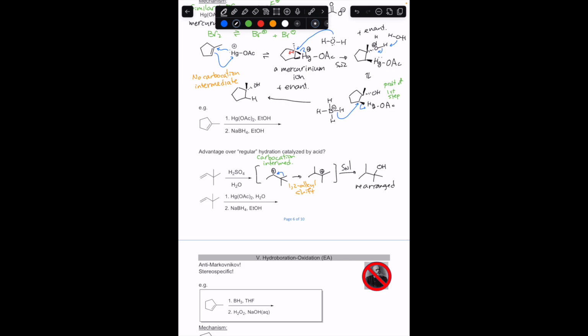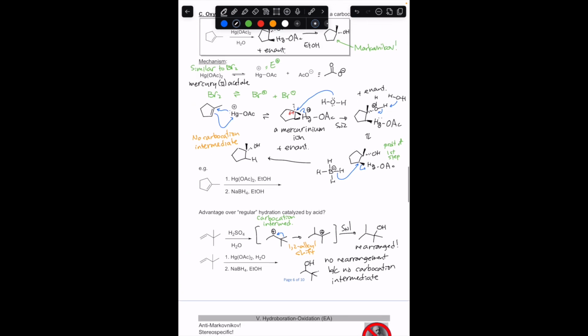Now, if that's what you want, that's great, but if you don't want rearrangement and just want to hydrate this alkene without any rearrangement of the skeleton to, say, in this case, obtain this product, then what you need to do is the oxymercuration reaction. So that would be the difference between just acid catalyzed hydration and this reaction sequence.